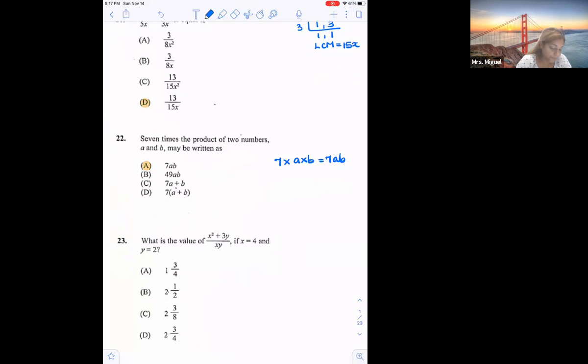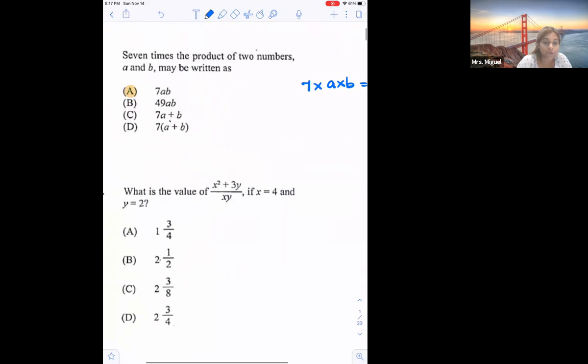What is the value of x squared plus 3x over xy if x is equal to 4 and y is equal to 2? So we just simply replace x and y. So 4 squared plus 3 by 2 over 4 by 2.